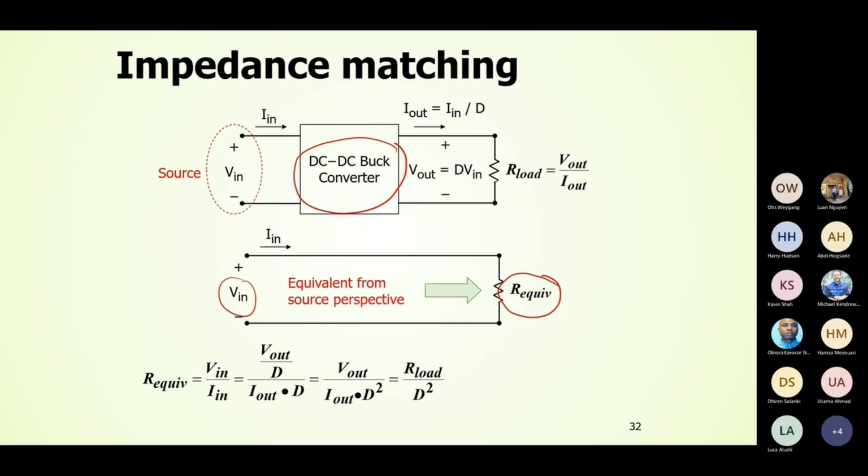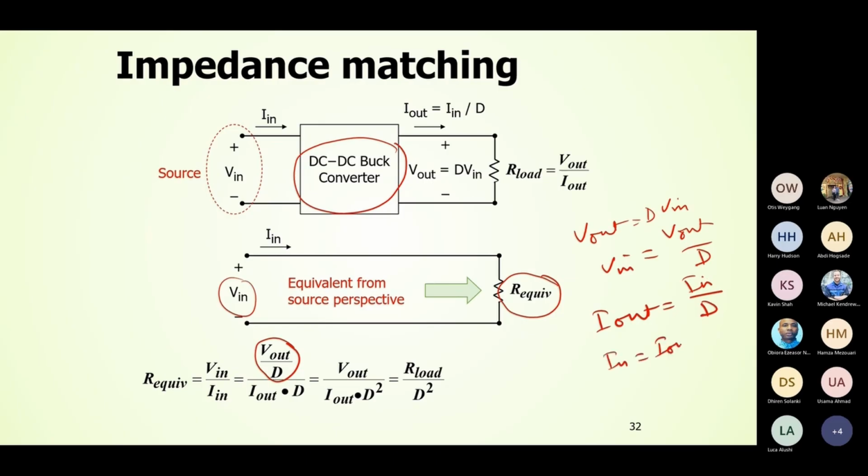So actually we can find this R equivalent equal V in by I in, and from the buck converter formula we know that V output equal D times V in. So V in equal V out over D. And also we know I out equal I in over D. So I in is equal I out times D. Okay.